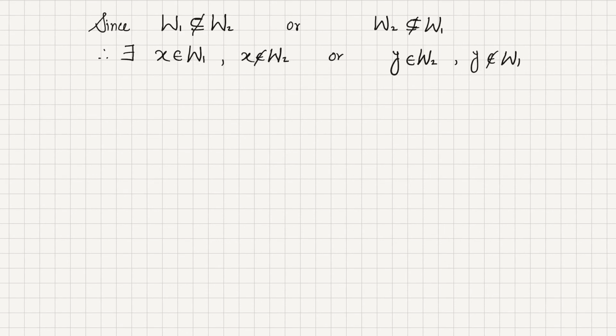So x is in W1 and y is in W2, so x and y are in W1 union W2. Their sum x plus y will be in W1 union W2.